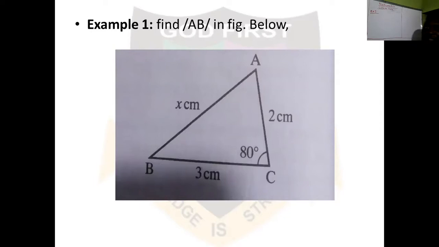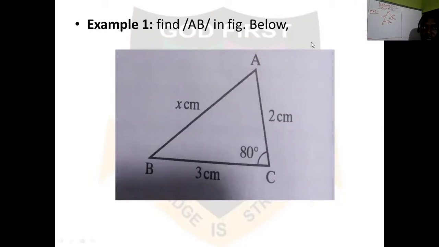Okay, example 1. Find AB in the figure below. Find AB. So these are example 1: AB is x centimeter, 80 degrees, 2 centimeter, this C, and 3 centimeter.